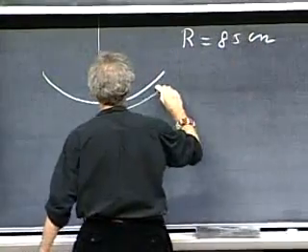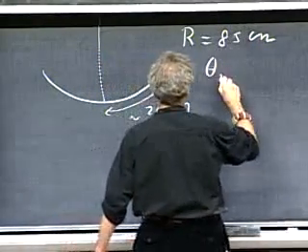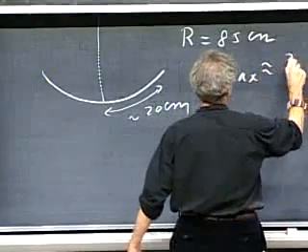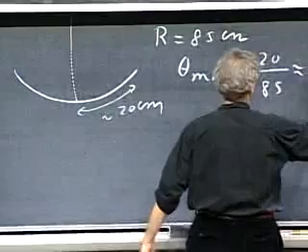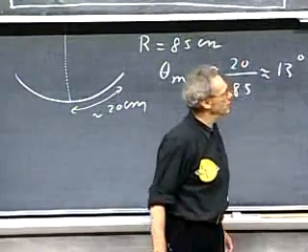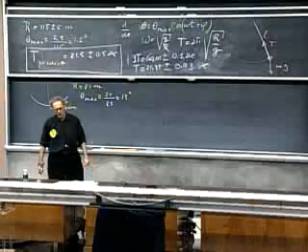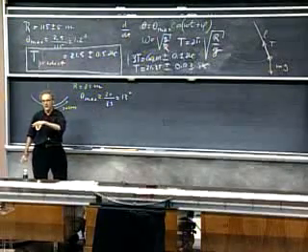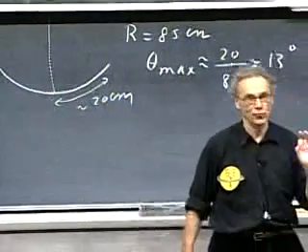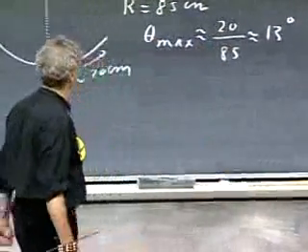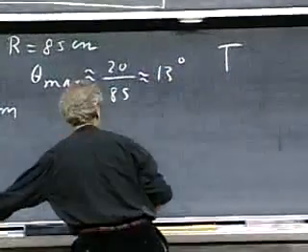And this here is approximately 20 centimeters, so theta maximum is roughly 20 divided by 85, and that is something like 13 degrees. 13 degrees is not a bad situation, because the difference between the cosine theta and 1 minus theta squared over 2 is less than 1%. It's that small.